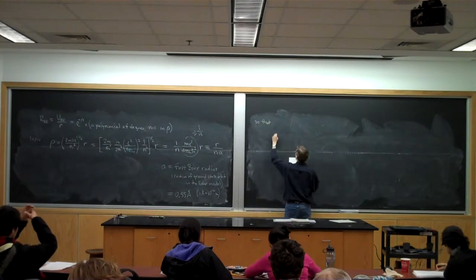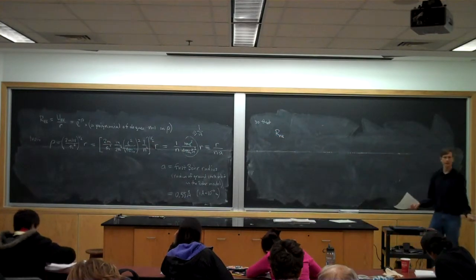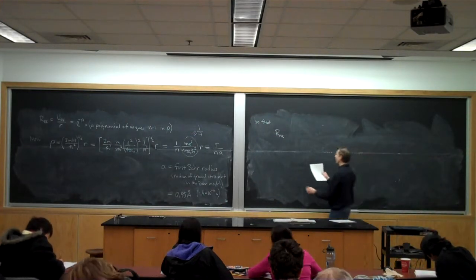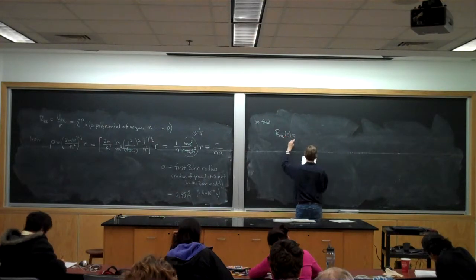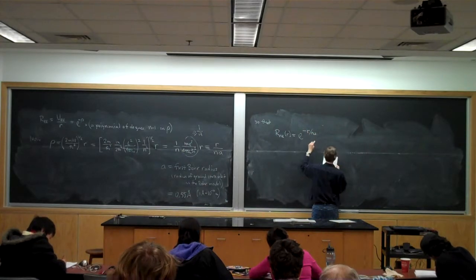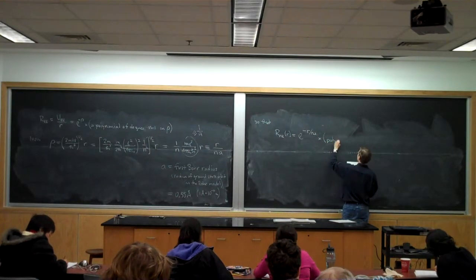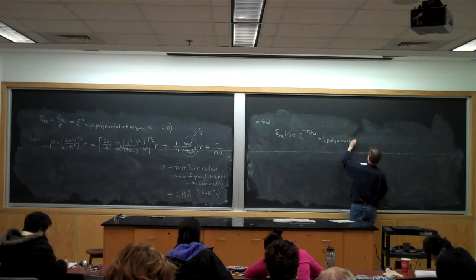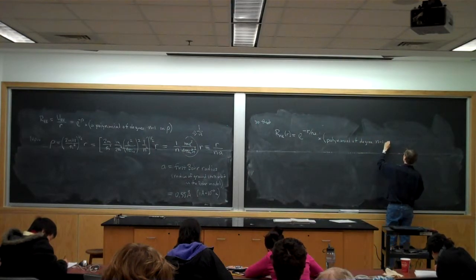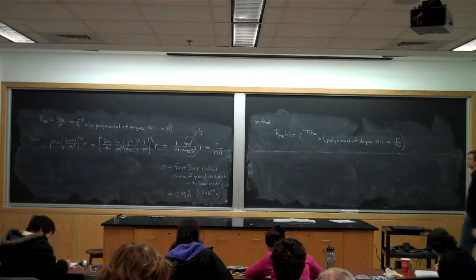So now we'll just call it R_nl. We called it R_EL before, but now we know E is determined by the principal quantum number, so let's just use n as the subscript. R_nl of r is equal to e to the minus rho, but that's e to the minus r over na, times a polynomial of degree n minus 1 in r over na.